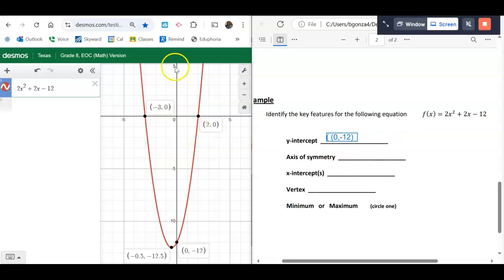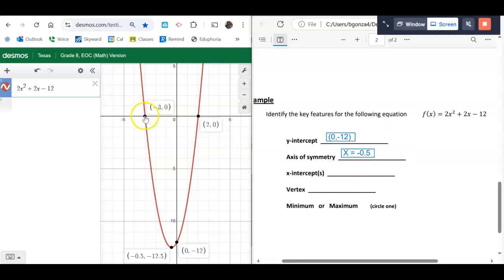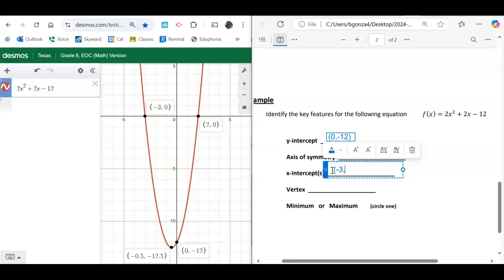Okay, the axis of symmetry would go through that vertex right here at the x value of negative 0.5. So I always type x equals, and then the x value, negative 0.5. The x-intercept is here and here, negative 3, 0, 2, 0.